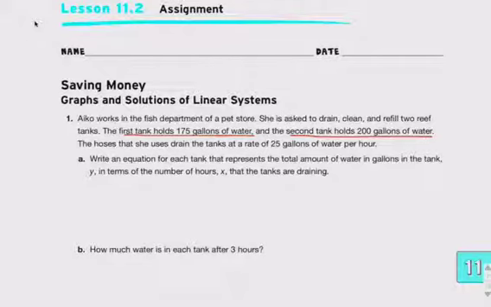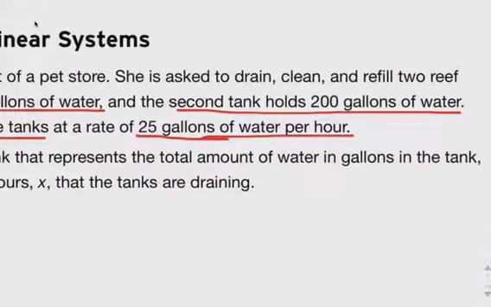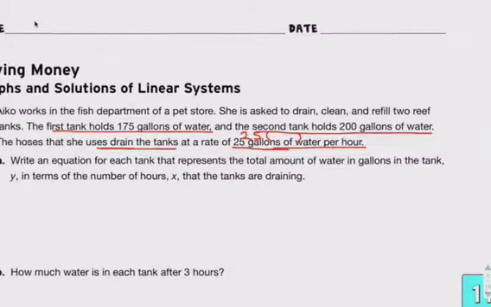The hose she uses drains the tank at a rate of 25 gallons per hour. So that's 25 gallons times the number of hours. Look, here it says X for hours.